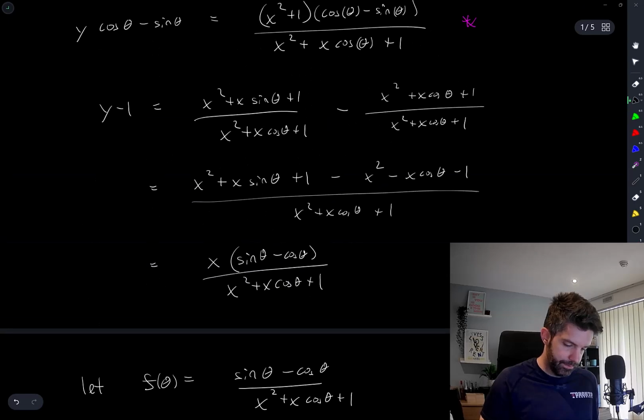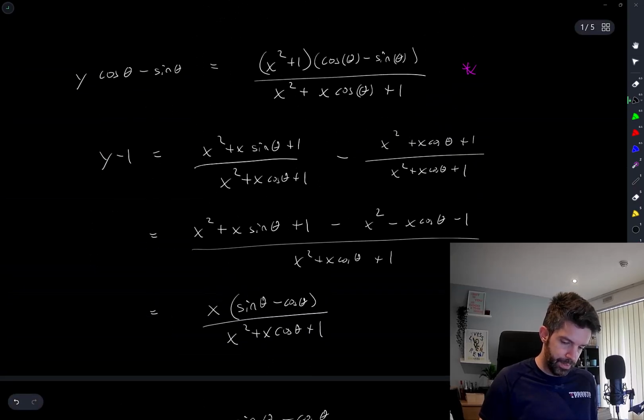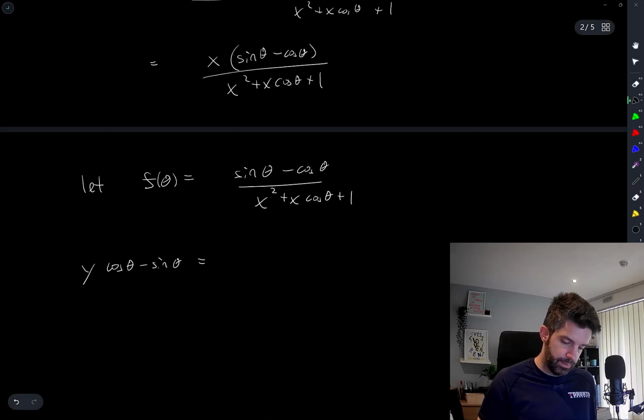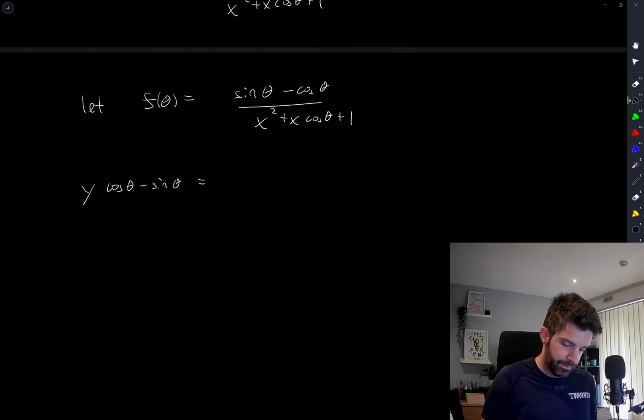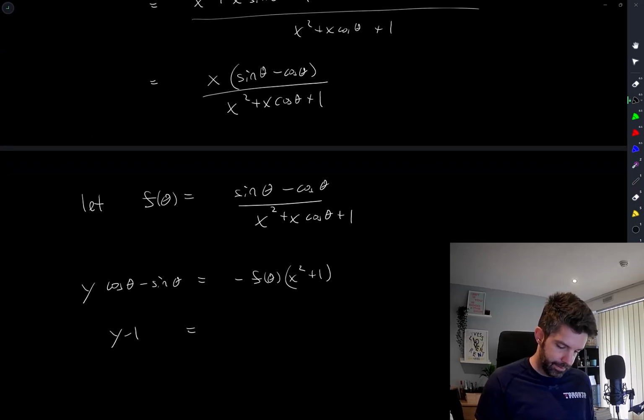Then this is equal to x squared plus 1 times negative f, and y minus 1 is equal to f of theta times x.